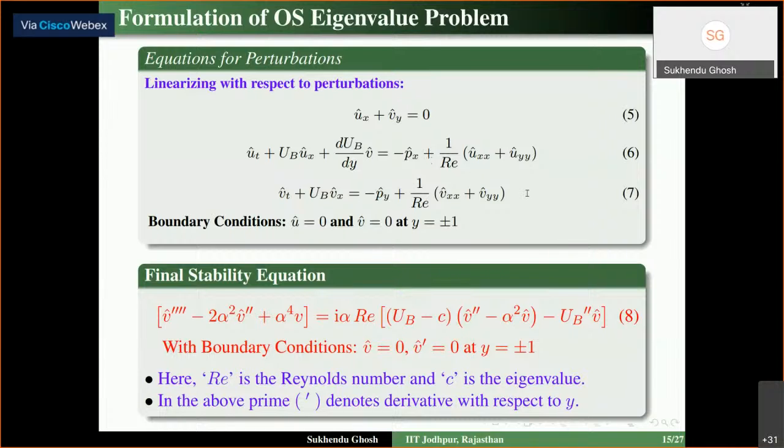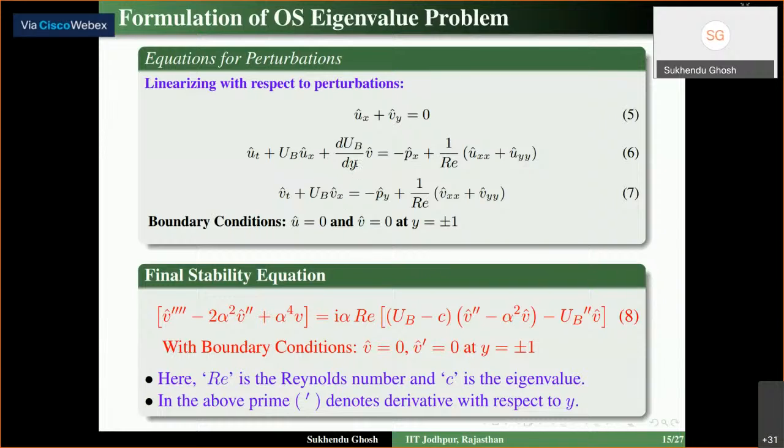But the difficulty has not gone fully, because you can still see these are coupled equations. Why? Because the same variables are there in each equation, and you cannot solve these equations separately for one variable. So these are still coupled partial differential equations.